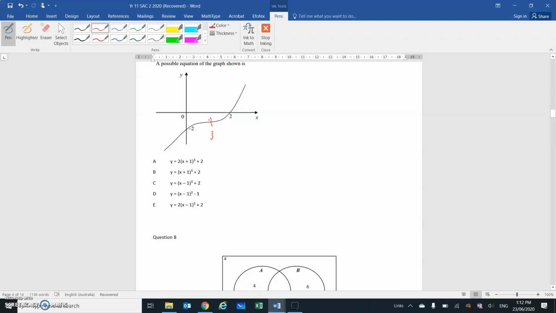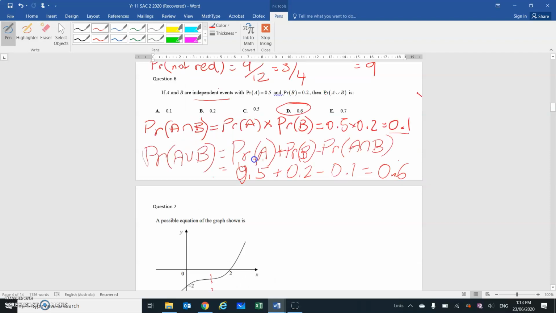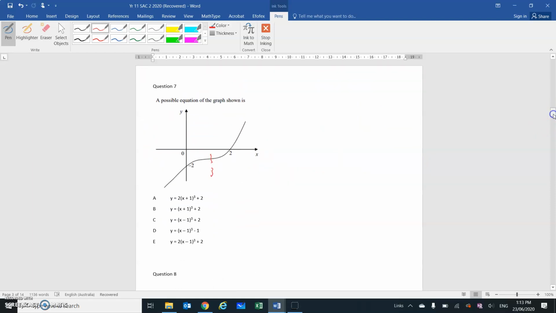So if we have a look at all of these options, for this to be +1, then the equation must be y equals x minus 1, all cubed. If we have a look at which options, that just gives us C or D, and it is clearly not moved up, it's moved down, so it must be -1. The only option is D, a process of elimination.